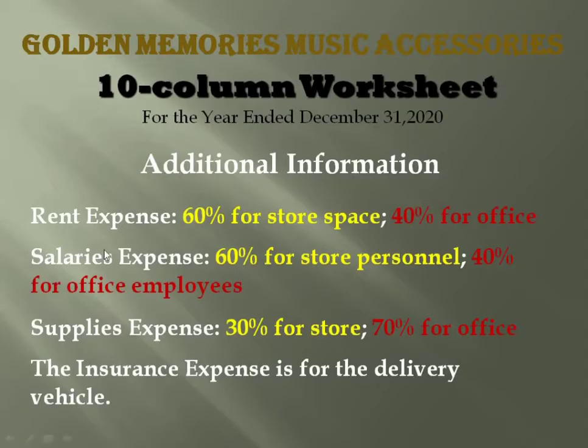Rent expense, 60% for store space, 40% for office. Salaries expense, 60% for store personnel, 40% for office employees. Supplies expense, 30% for store, 70% for office. The insurance expense is for the delivery vehicle.